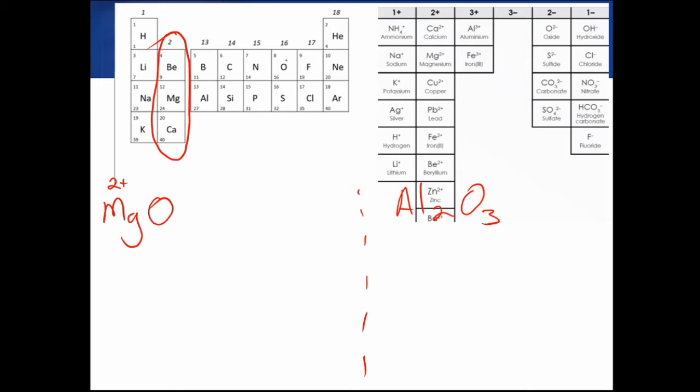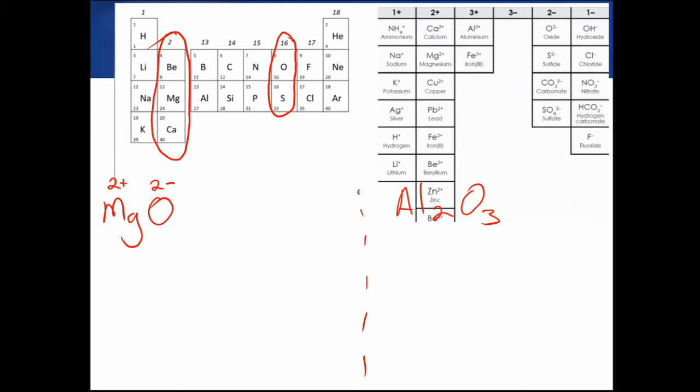And oxygen is in group 16. How many electrons in the valence shell? 6 of them. And if there's 6 of them and it wants to have 8, is it going to give away 6 or gain 2? I know, it's going to gain 2. So gaining 2 electrons makes us 2 negative.